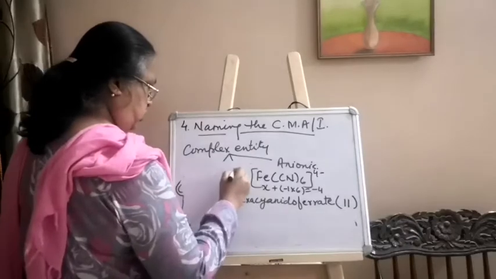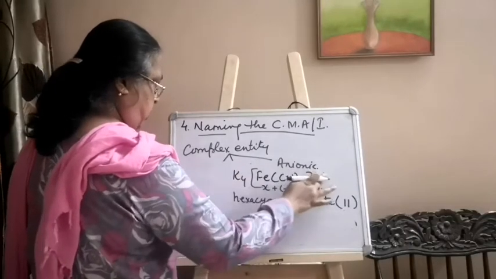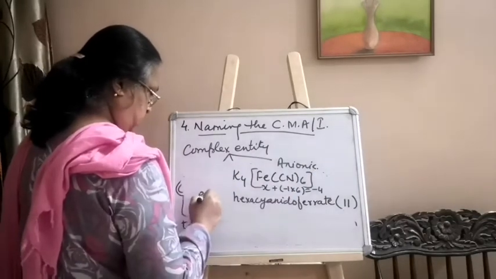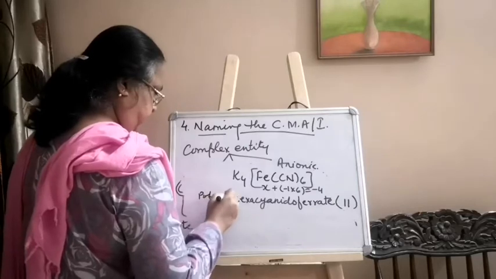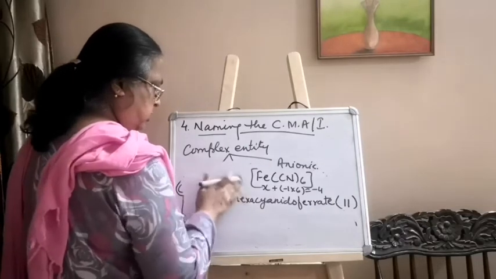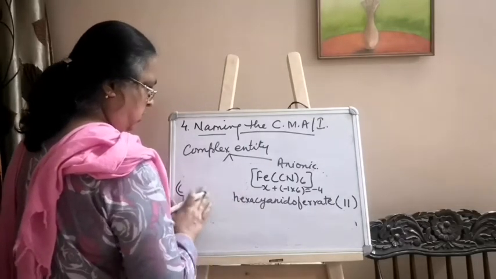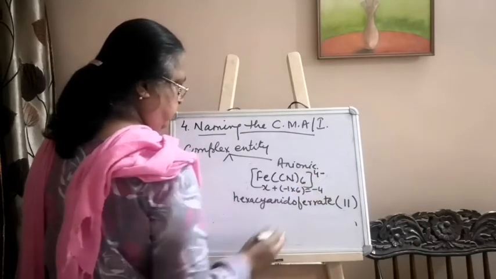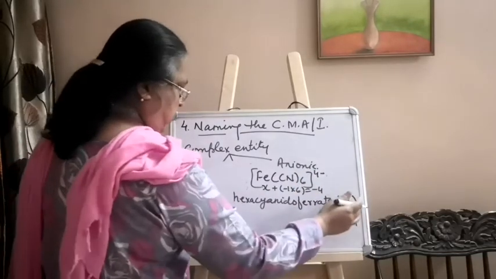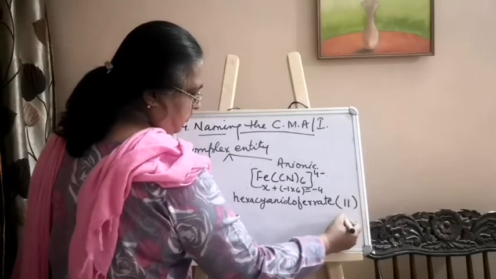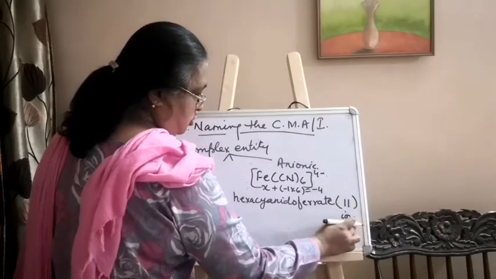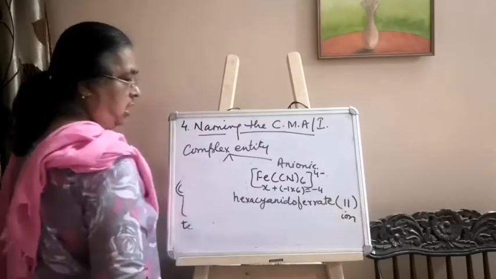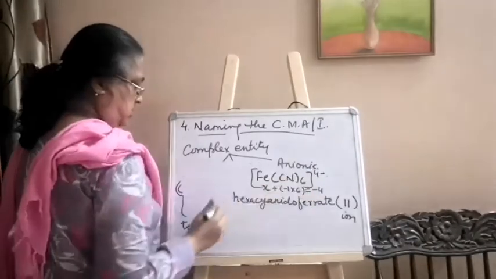If it is potassium here, then no charge, so you will write potassium. That part we have done earlier. And when this is not there, you have 4 negative charges. Then you will write the word ion also. Leave some space and write ion if a charge is there.